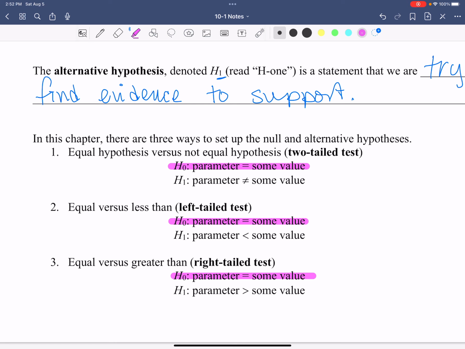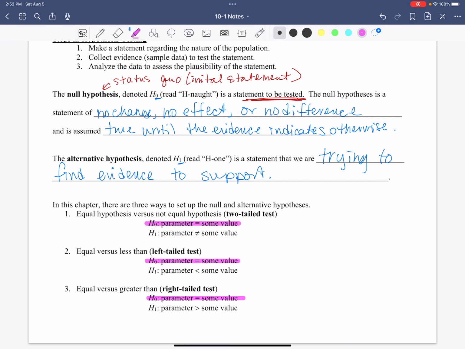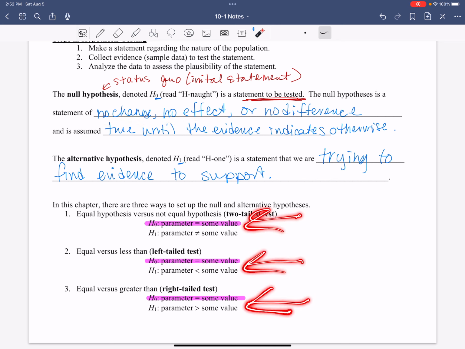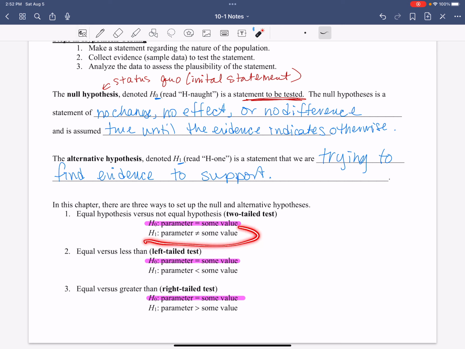So whenever you're saying the null hypothesis, that is no change, no effect, no difference, because it's what you start with. That is your null hypothesis. So there is no question about that one. The question is between the alternative hypothesis.